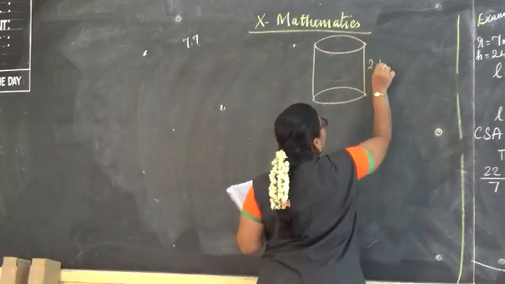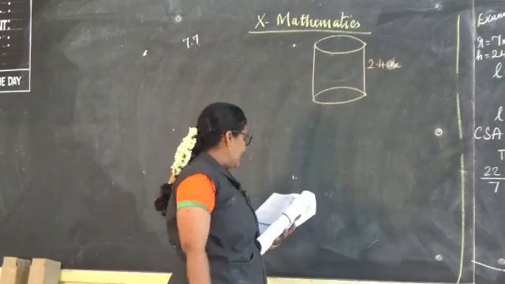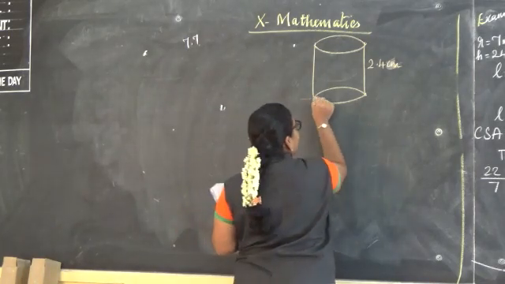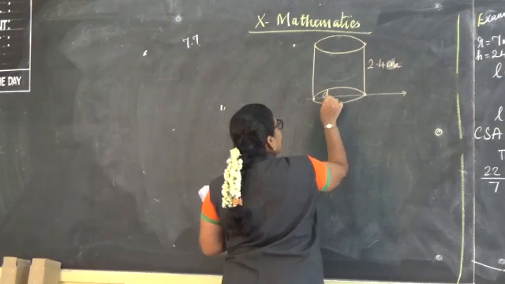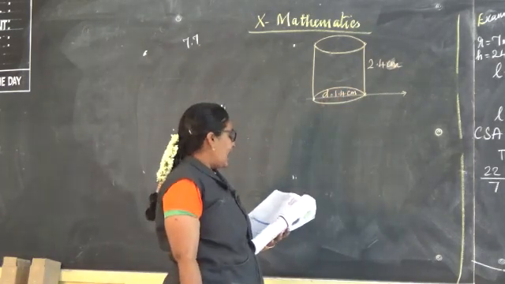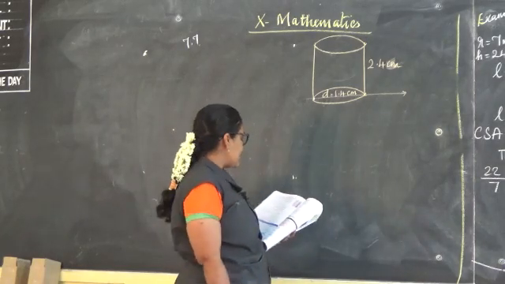The height is 2.4 centimeter. Then the diameter of the cylinder, completely the diameter of the cylinder, here to here, the diameter is 1.4 centimeter.